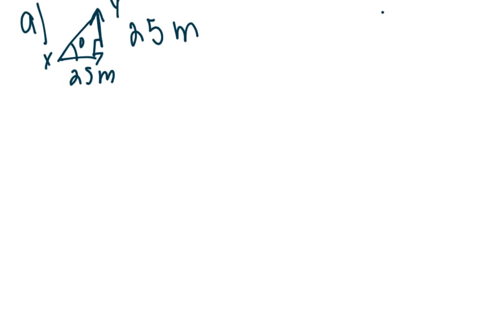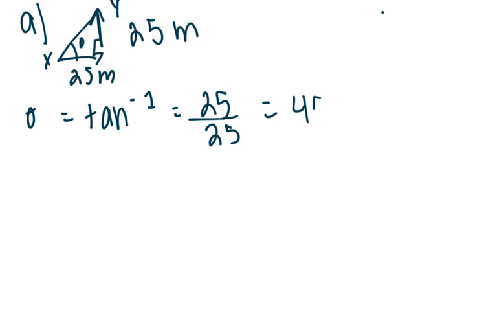So if we take the arctangent to find theta, we do tan^-1 on our calculators of 25 over 25, and that gives us 45 degrees.